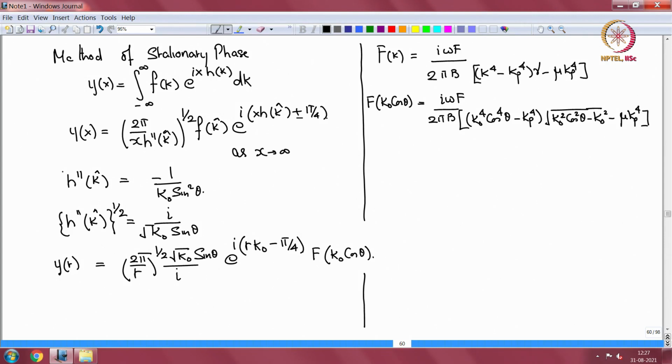Okay, so if we examine this part here, we will get i omega f by twice pi b, 1 over minus i k0 sin theta into k0 fourth cos 4 theta minus kp fourth minus mu kp fourth.